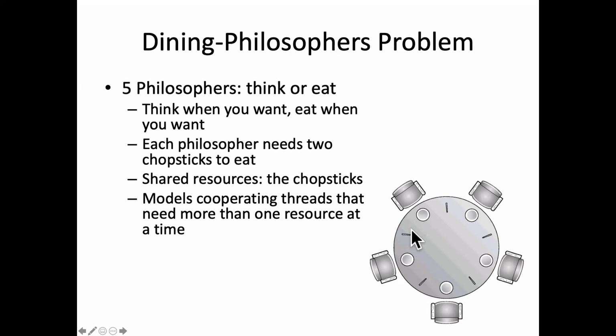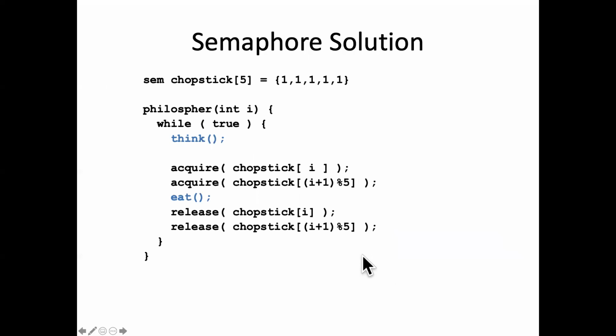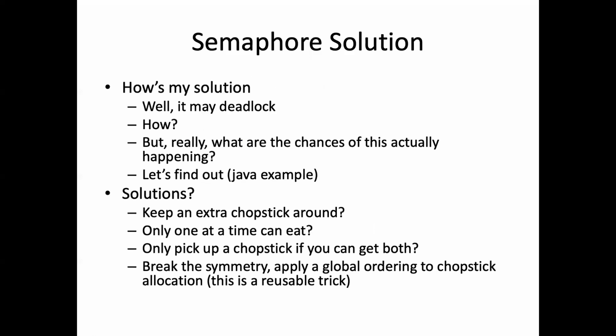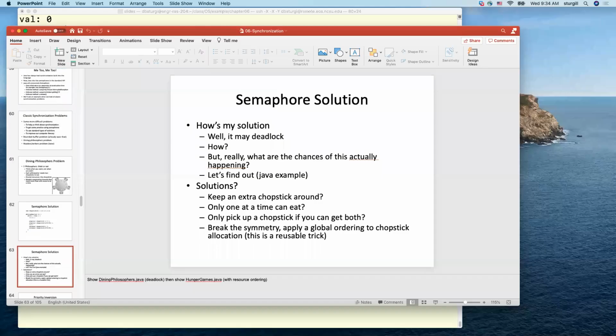And if they all did that at about the same time, and then they turned to the left and tried to pick it up, they would all see that their left-hand chopstick is taken, and they would be stuck there forever. Nobody's eating. Everybody has gotten past this line of code, but they're all stuck in their next acquire because they can't have the chopstick on the other side. So that's what I planned here. This solution could deadlock. And we talked about how that could happen.